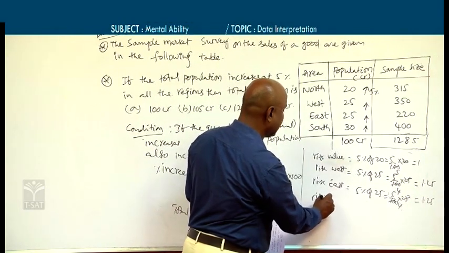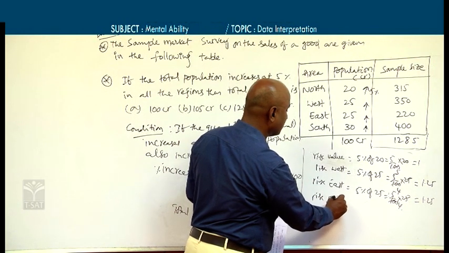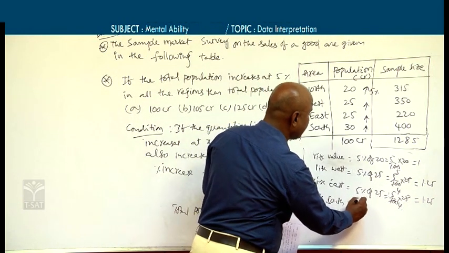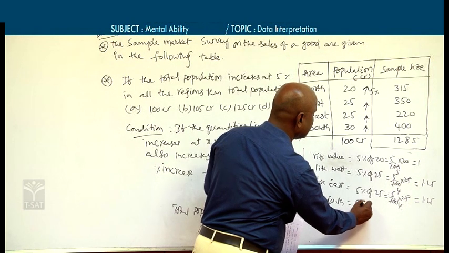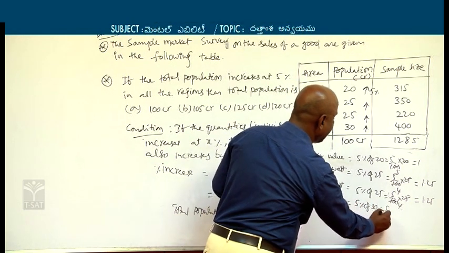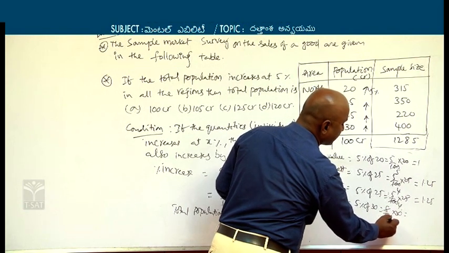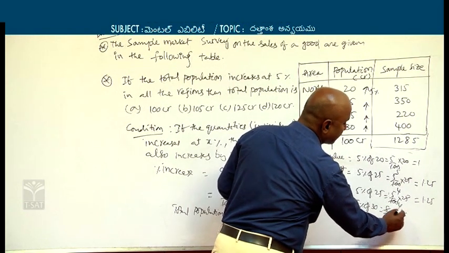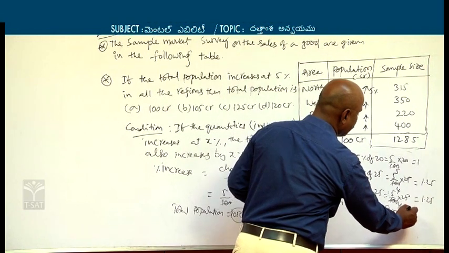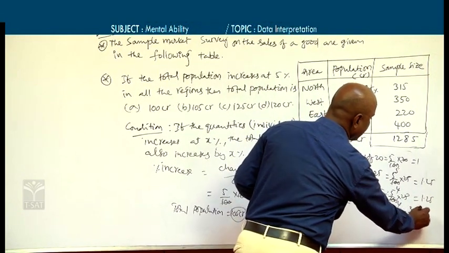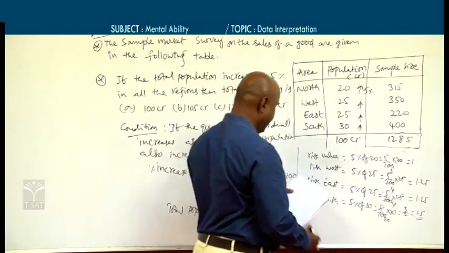And in the south it is 30%. So the rise in the south is 5% of 30, which is 5 by 100 into 30, so 30 by 20, which is 3 by 2, that is 1.5. Got it?